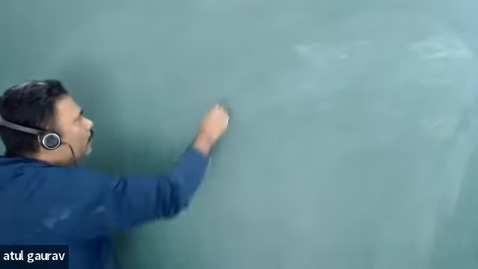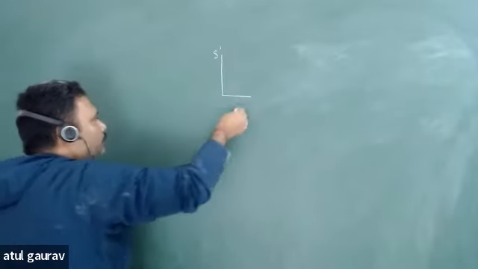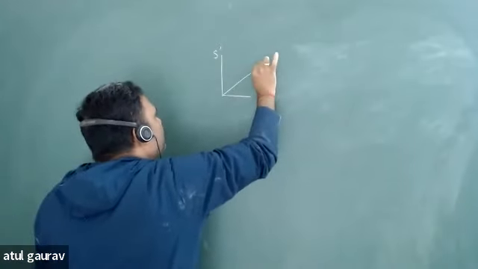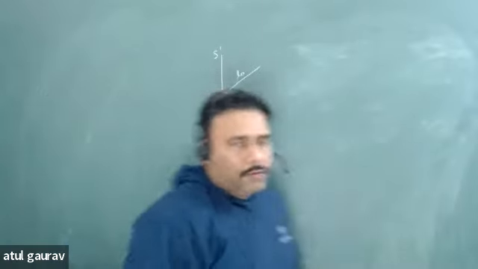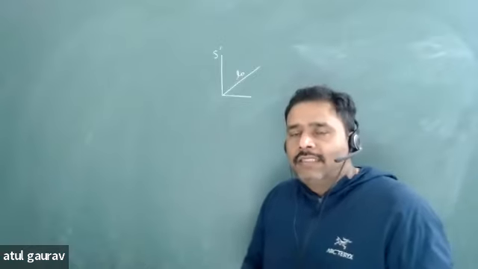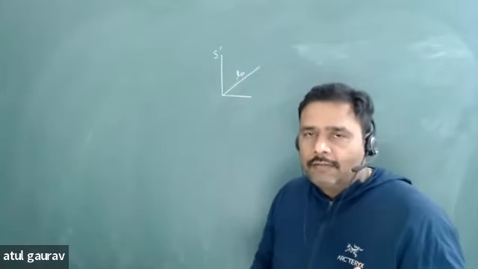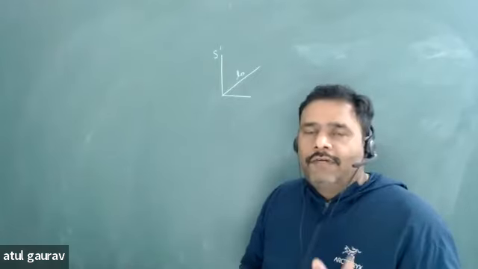Suppose we have the S dash frame and the proper length from the S dash frame is given by L naught. We have one rod whose proper length is L naught with respect to S dash. That means the rod is at rest with respect to S dash, isn't it? Everyone is comfortable? Yes, sir.